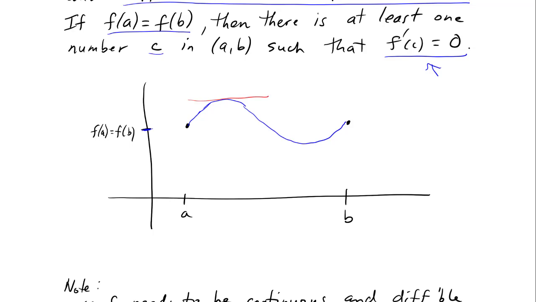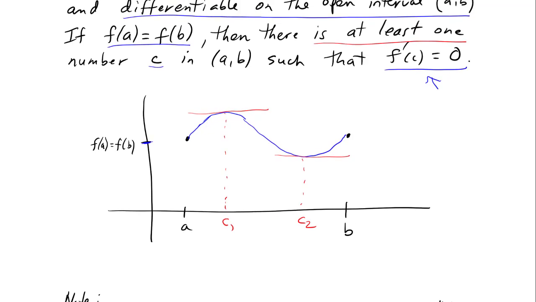Right there and right there. So those are two places where the derivative is 0. In fact, I have a c1 and a c2 where I've gotten a 0 derivative. Remember, the theorem says there is at least one number c in (a, b) such that f prime is 0. So as you can see, we can get more than one.